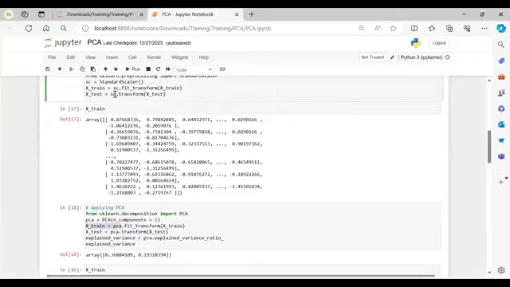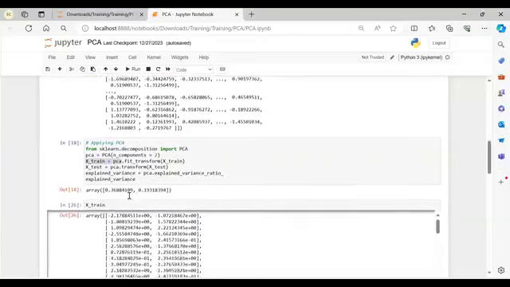So on the test, we are not saying fit. Fit means it calculates all the parameters required for transformation of the variables, and it calculates them from the training. It then transforms the variables in the training data set, and the same measures are used for transforming your test data.